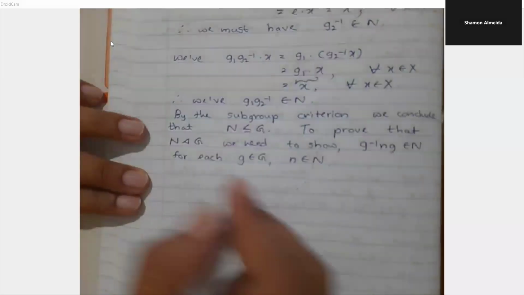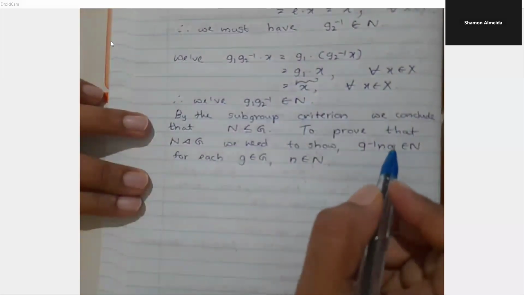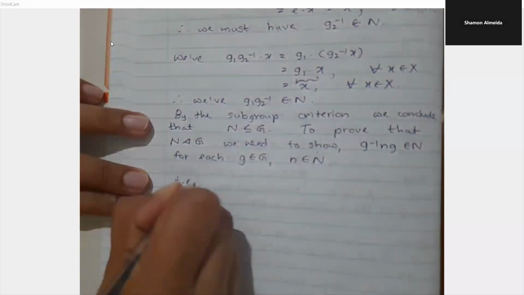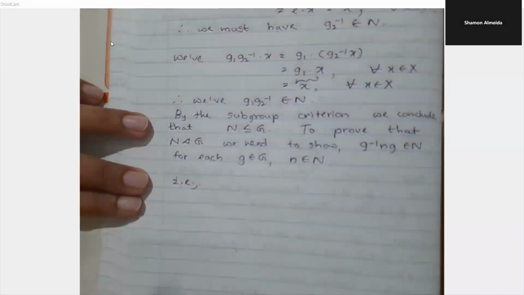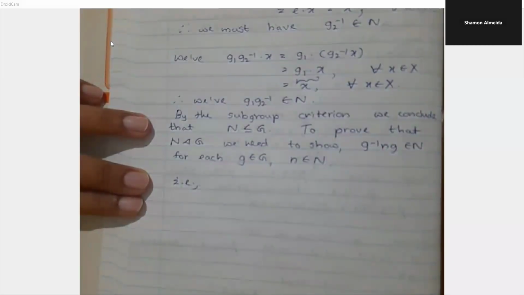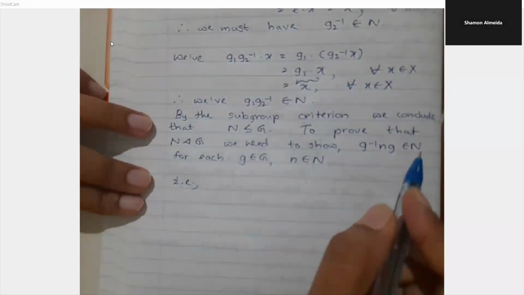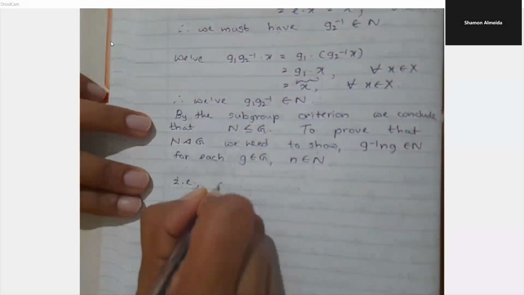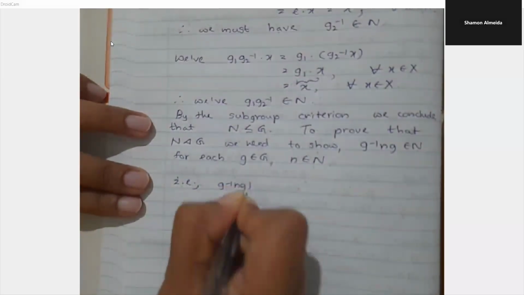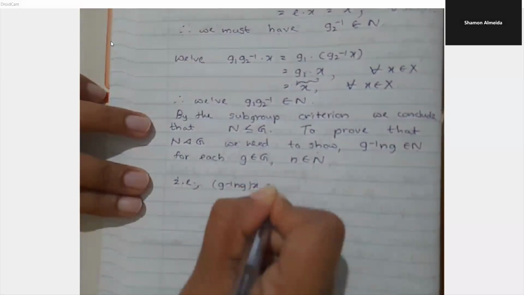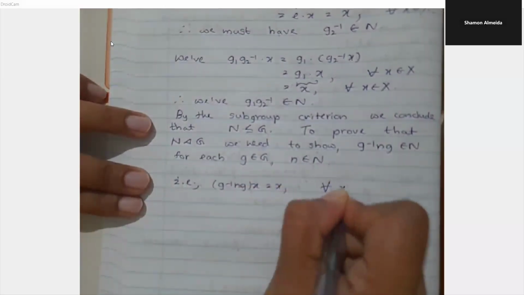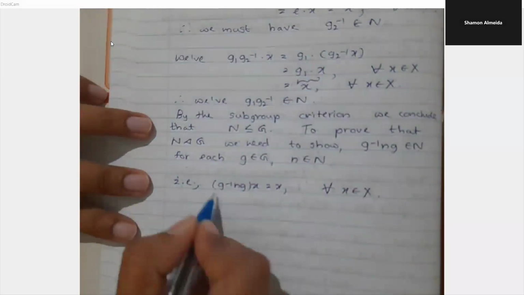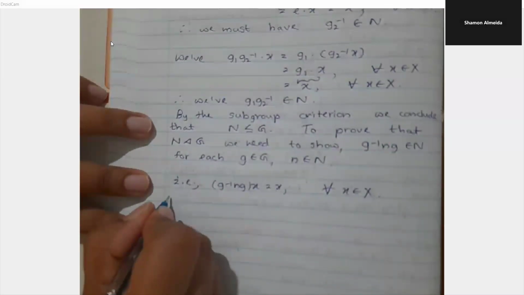Okay. So we want to show that this element belongs in N. In other words, what we have to show is that this element also satisfies the definition of the set N. That is, G inverse NG x equals x for all x in X, right? So let's start off with this side.